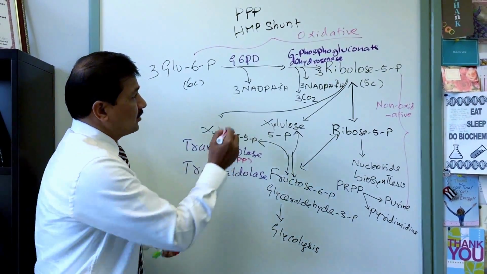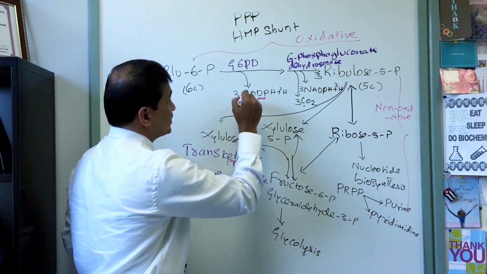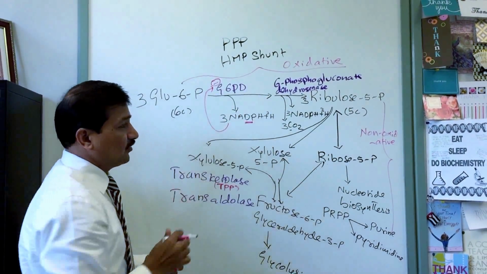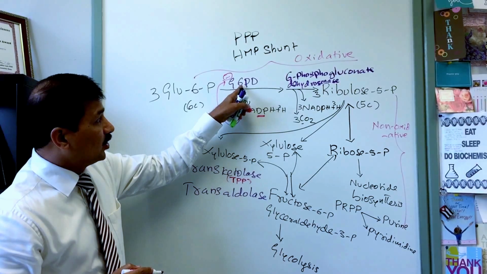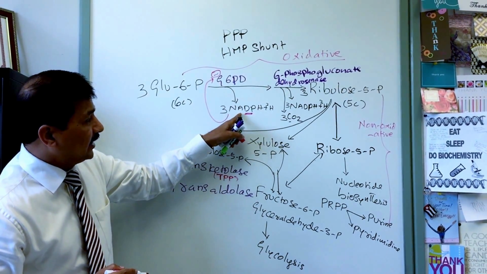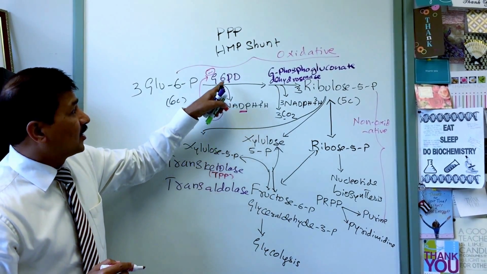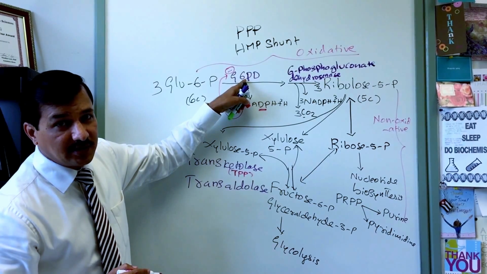Whenever your cell has got plenty of NADPH plus H plus, it will have a negative effect on the rate limiting enzyme of the oxidative phase of the pentose phosphate pathway, and that is glucose 6-phosphate dehydrogenase. This enzyme will be negatively modulated by high levels of NADPH plus H plus, and also it is induced by insulin whenever a person is in well-fed condition.